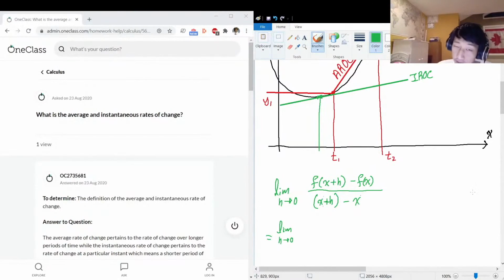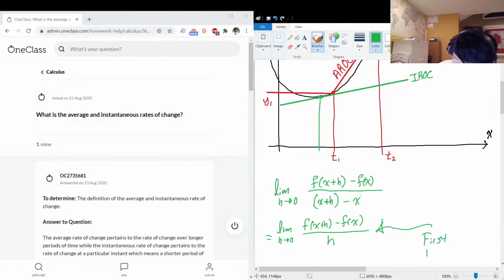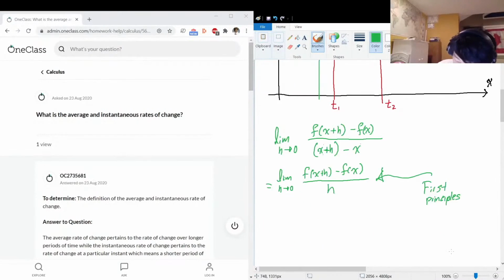They cancel each other out, so on the bottom it's just h. Minus f of x over just h. And this, my friends, is the first principles equation of calculus. The derivative equation.